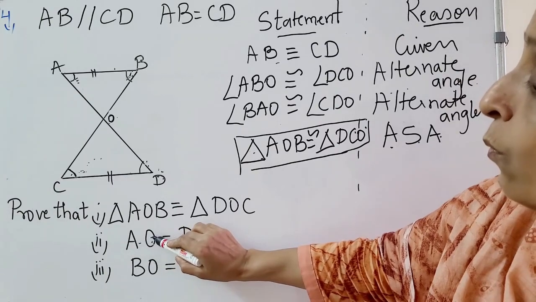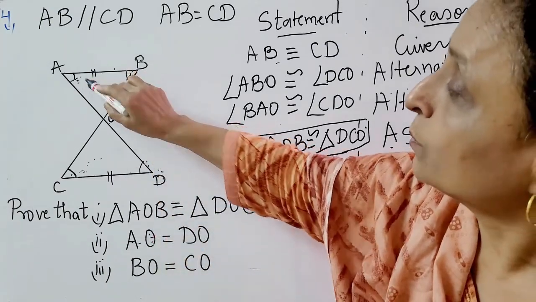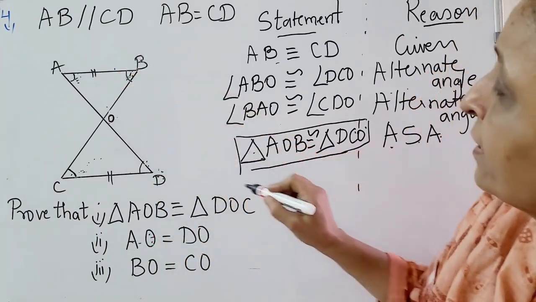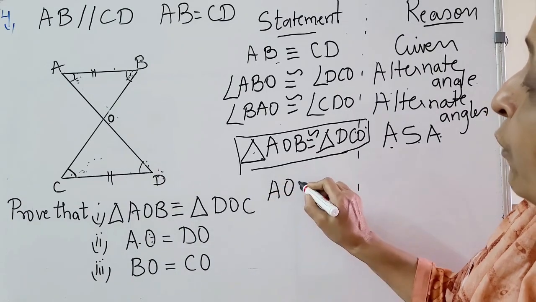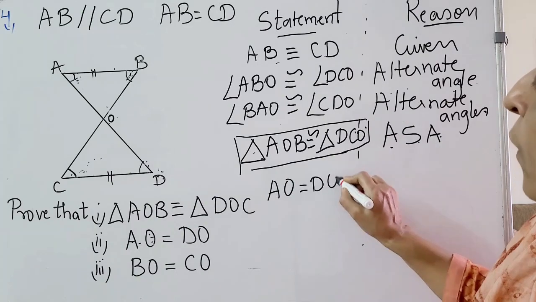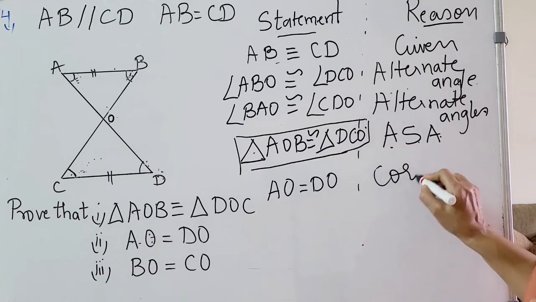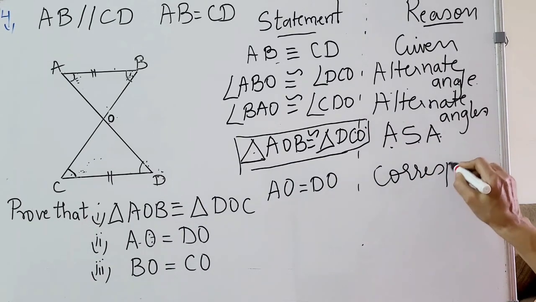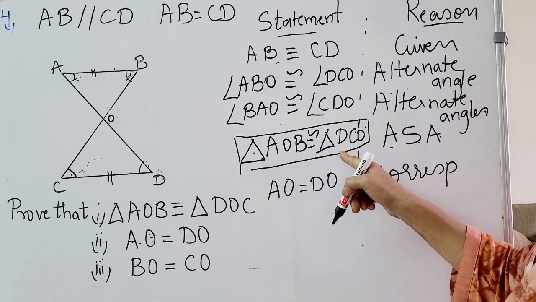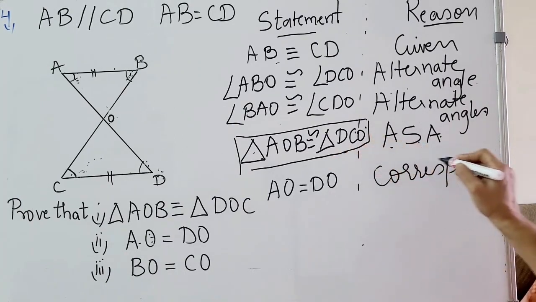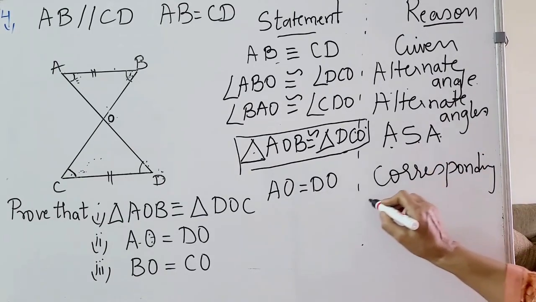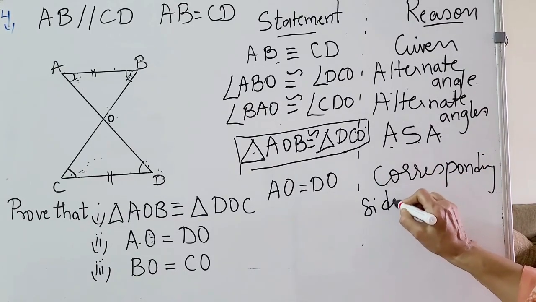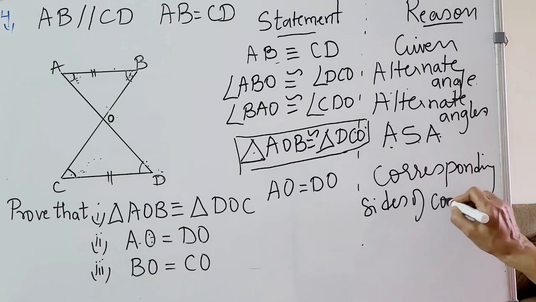Now AO is the corresponding side. You have to prove that AO is equal to DO. You have already proved that the triangles are congruent. So the sides are going to be congruent because they are corresponding sides of congruent triangles.